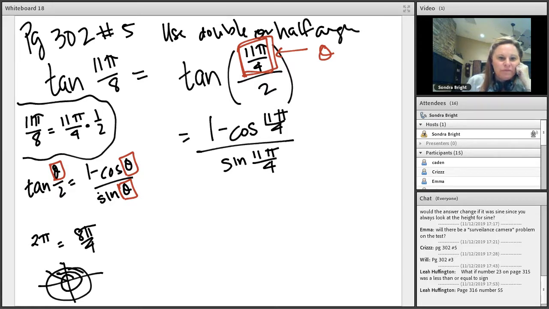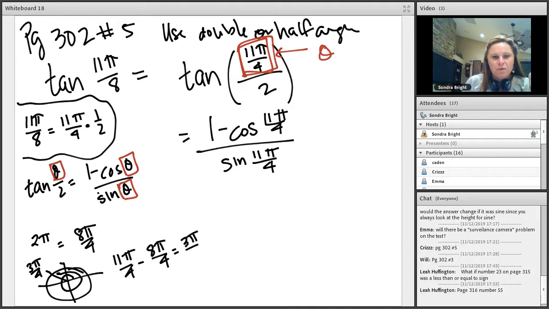So 11 pi over 4 is coterminal with 3 pi over 4, right? 11 pi over 4 minus the 2 pi gives you 3 pi over 4. So they have the same cosine and sine values.